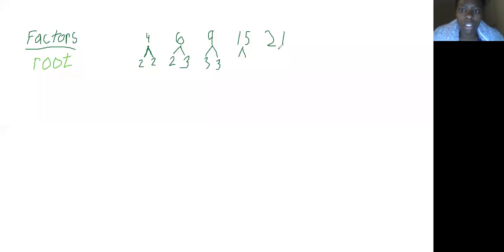Okay, so they break up into 2 factors, and you can pause the video right here, and then I will come back and give you the factors of 15 and 21.